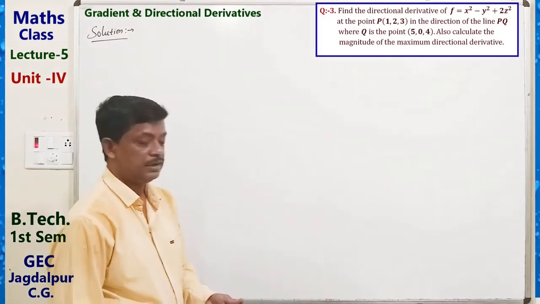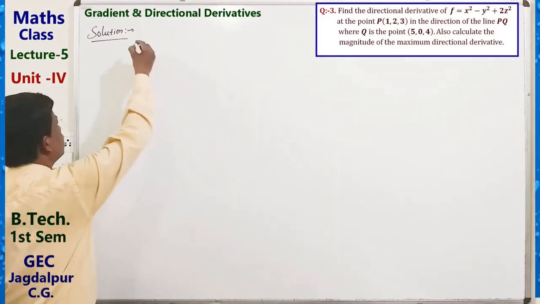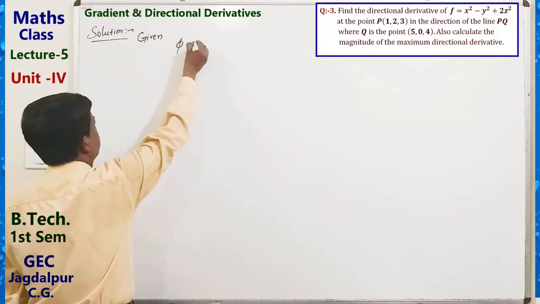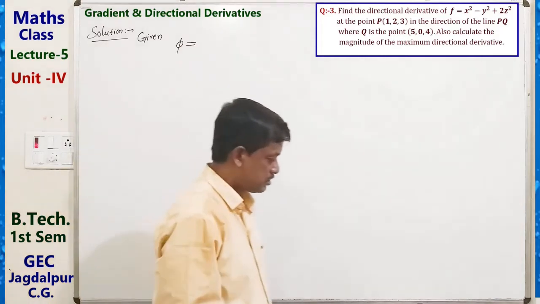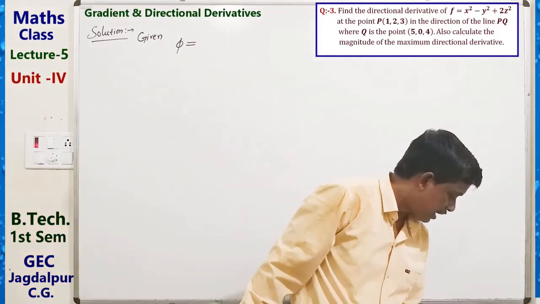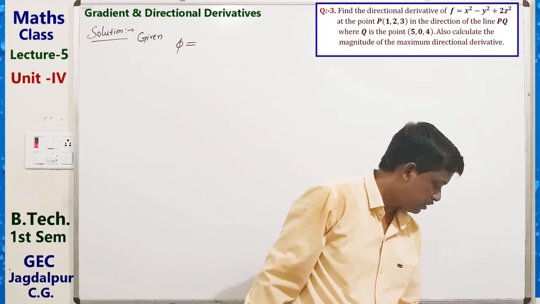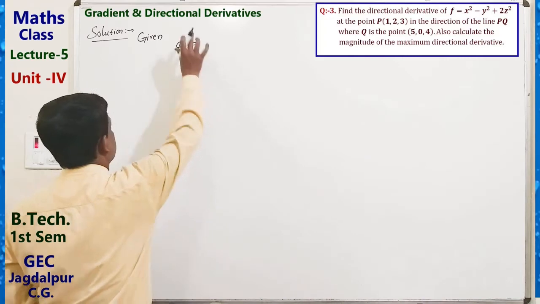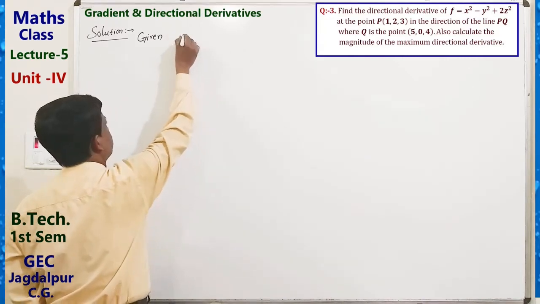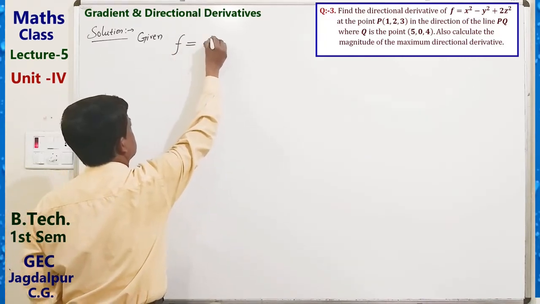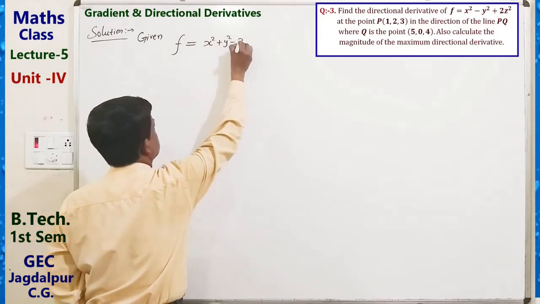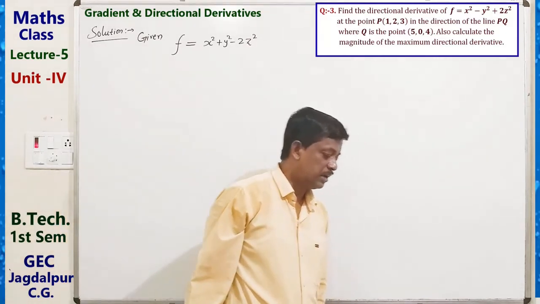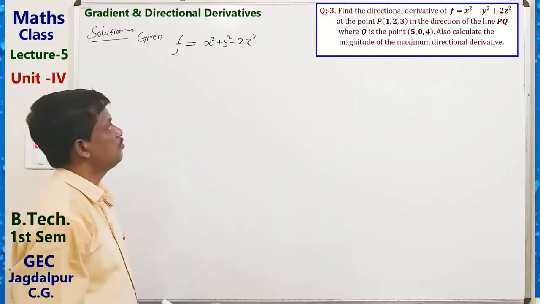So here, given phi equals, what is our surface? Here it is written like f. f equals x square plus y square minus 2z square. This is our given surface. Now we have to find the directional derivative of this along PQ.